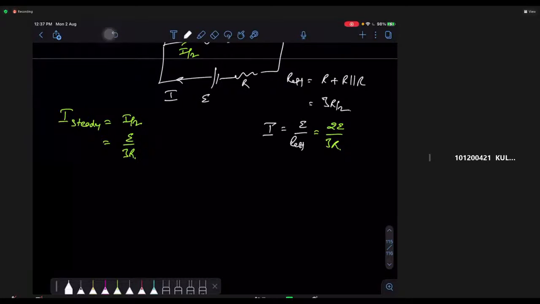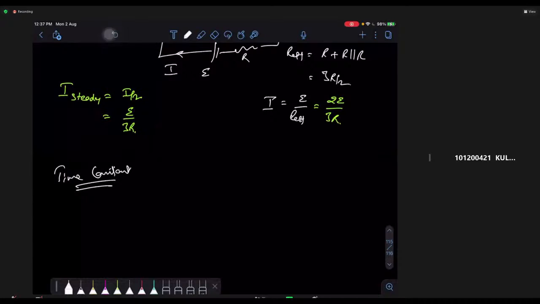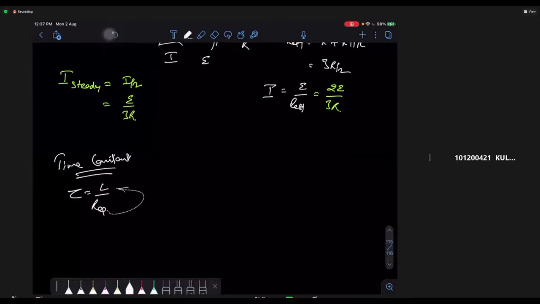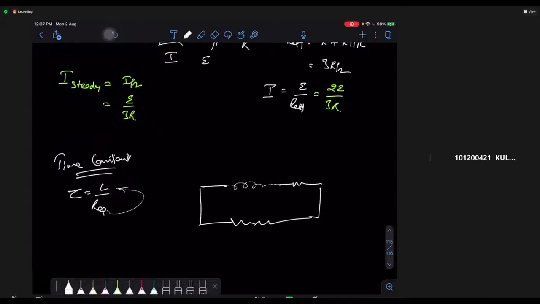The third thing here is the time constant. If you want to find out the current at any time, you need the time constant first. How to find out the time constant? The time constant here uses R equivalent, the equivalent resistance felt by the inductor, not by the battery.